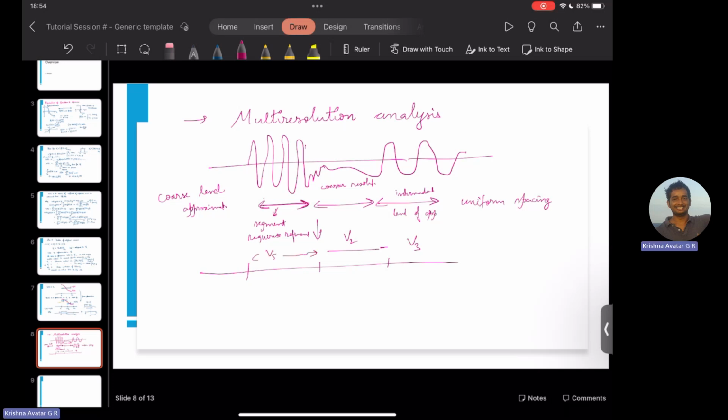So what we do is initially we had started throughout with V0. So this was all V0. Considering that our, let's say, T is equal to, so there's 0, there's 1, and from here to here is 2, and till 3, right?